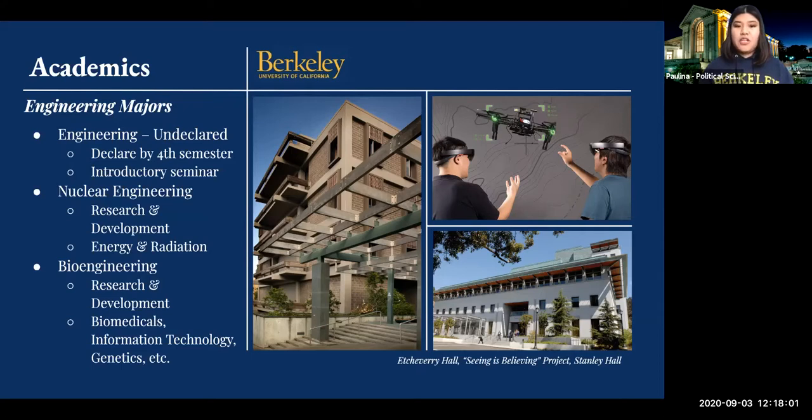If you know who Jennifer Doudna is, she works on the CRISPR method. She does research here at Berkeley. Really amazing stuff. Stanley Hall, which you can see on your screen, is one of the hot spots for biomedical research facilities. So there are a lot of opportunities for these students, not only in the classroom, but also to explore different research and development technologies with professors and with professionals on campus.